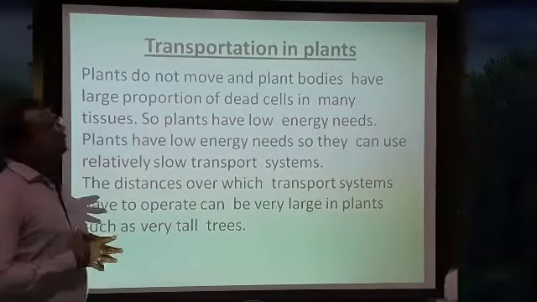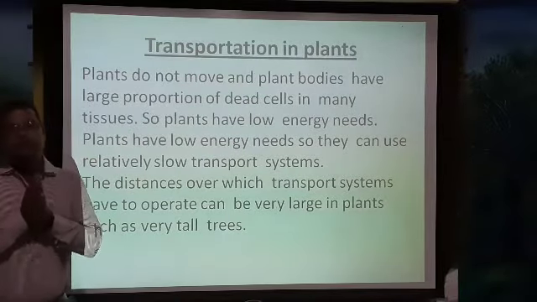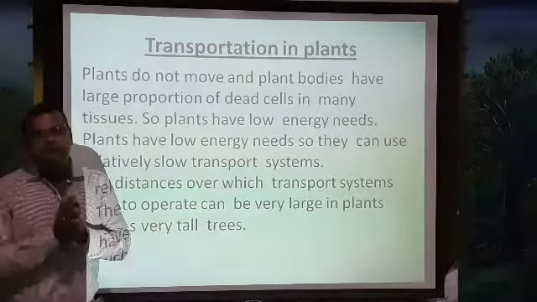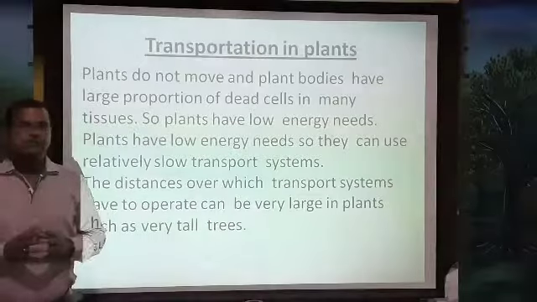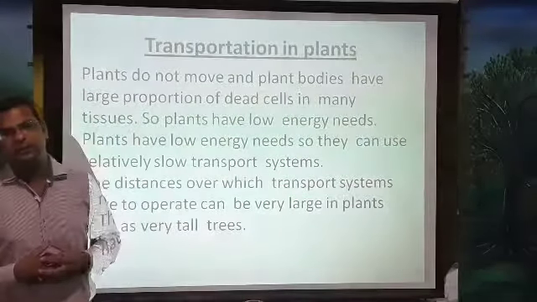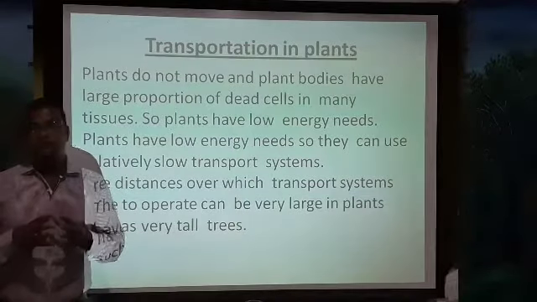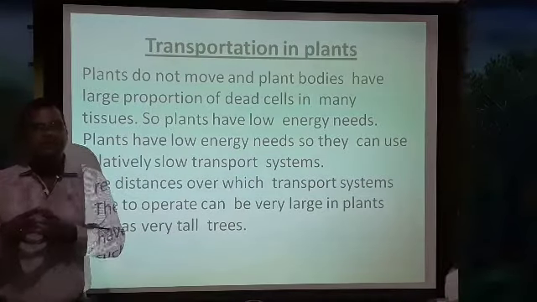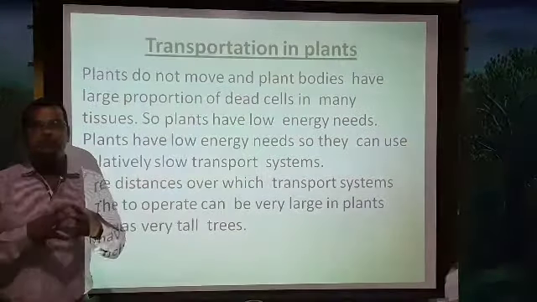As you know, even plants need some important materials for their growth and development. We have discussed that during photosynthesis plants need water, carbon dioxide and sunlight. These are the raw materials plants need for the preparation of food.